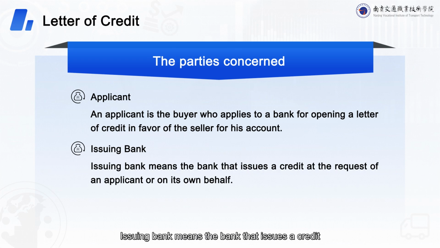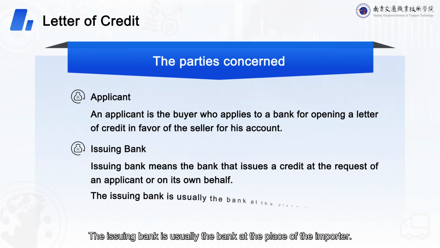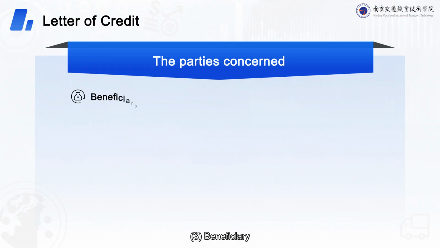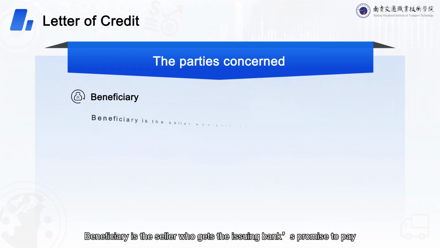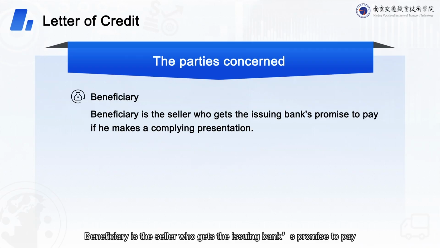Issuing bank means the bank that issues a credit at the request of an applicant or on its own behalf. The issuing bank is usually the bank at the place of the importer.